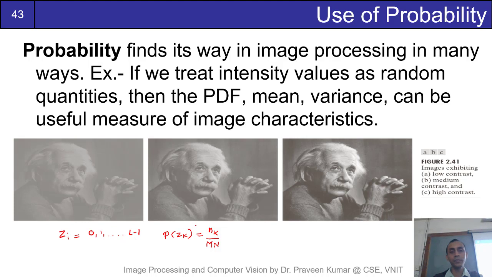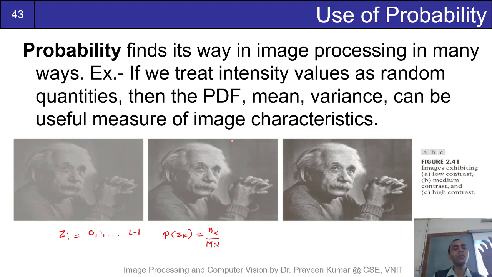Using this, we can now have a probability distribution function, a density function. We can calculate mean and variance in that image, and all those will reflect some important image characteristics.